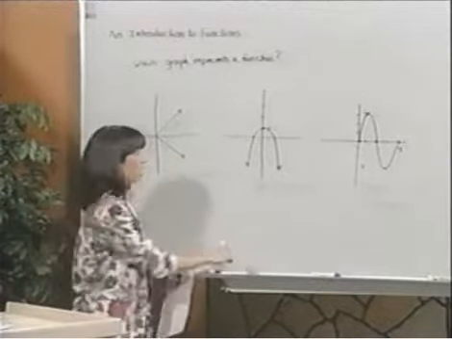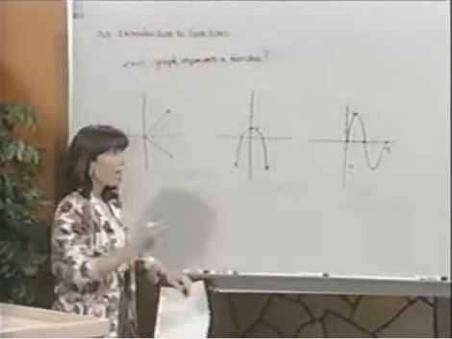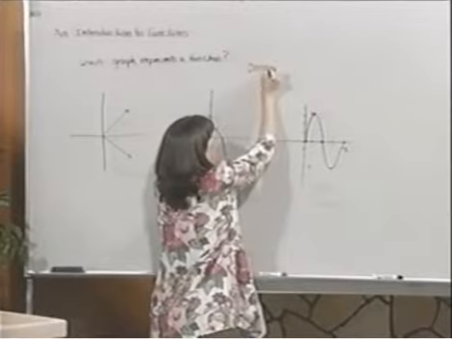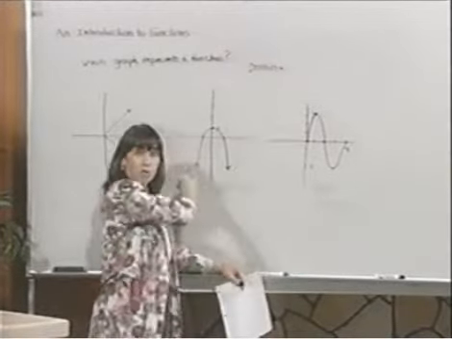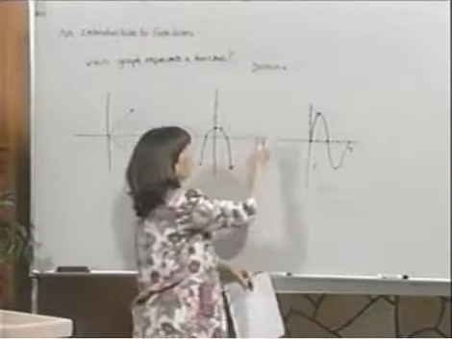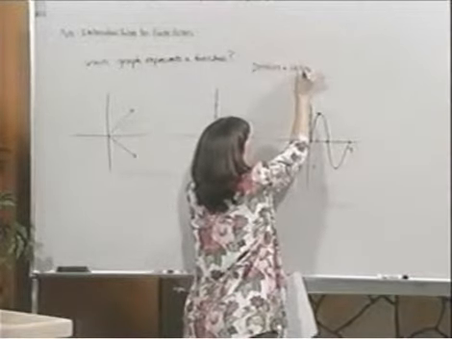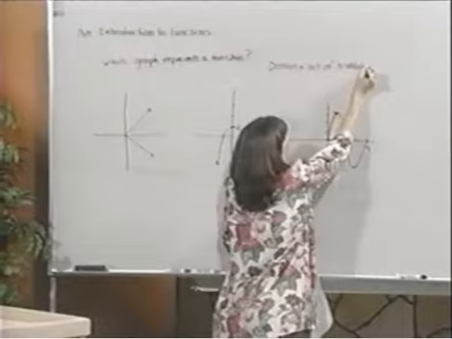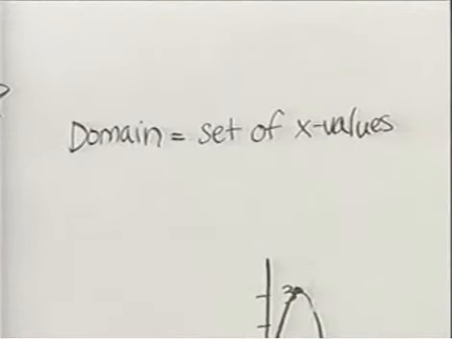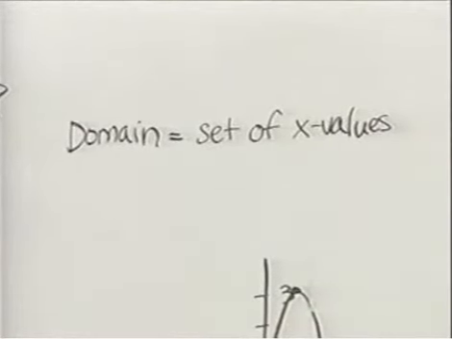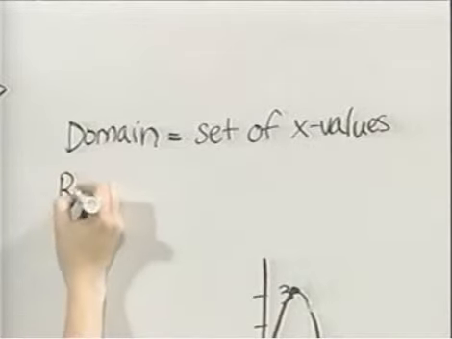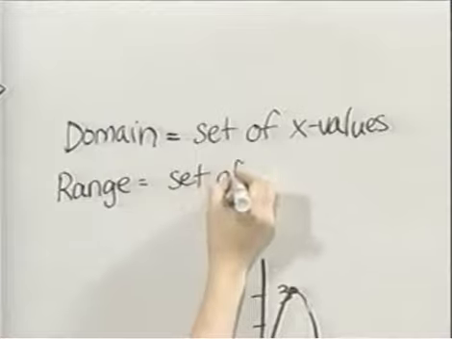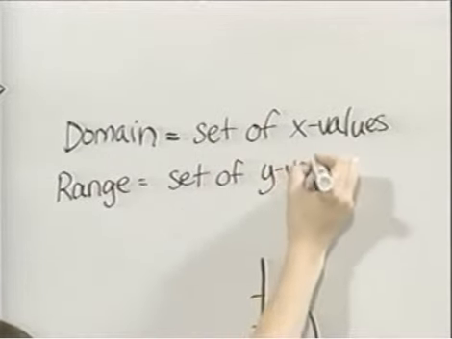The domain, for our purposes here, is going to be your set of x values, your input values. And your range is going to be the set of y values that corresponds to your relation or your function.